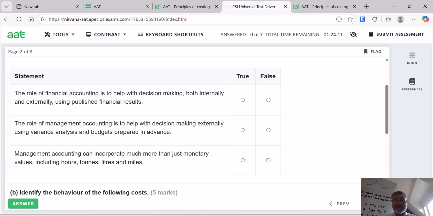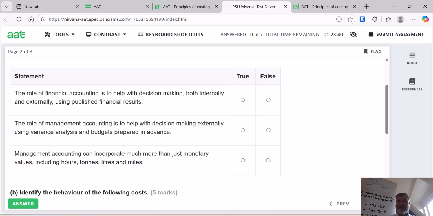Management accountancy, on the other hand, is all about preparing information that can be used within the business to help the business to operate and to help the business to make decisions. They're the distinctions. So basically, management accounting information typically doesn't go beyond the walls of the business. Financial accounting information in the form of the published accounts is mainly for external use.